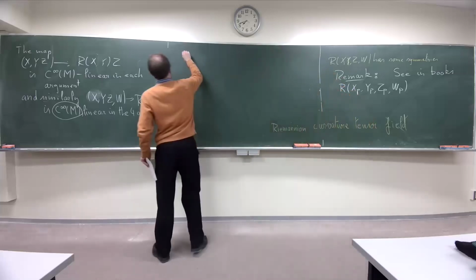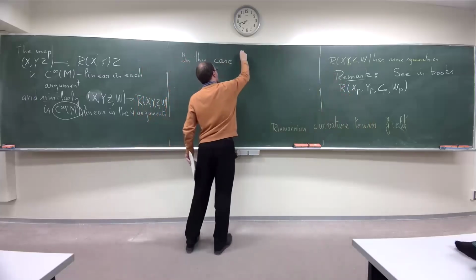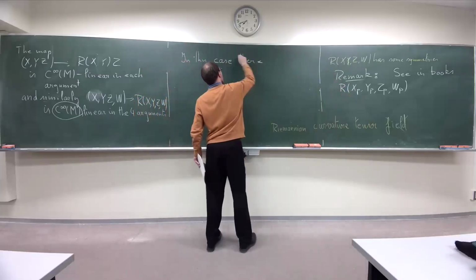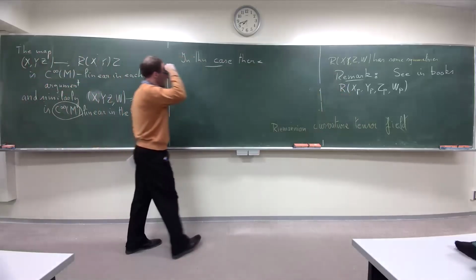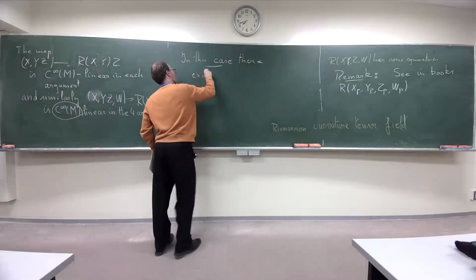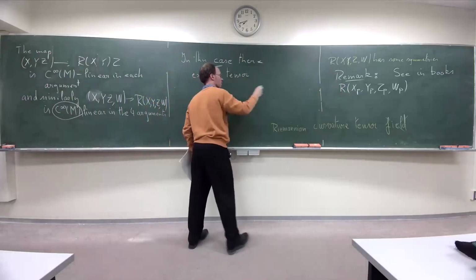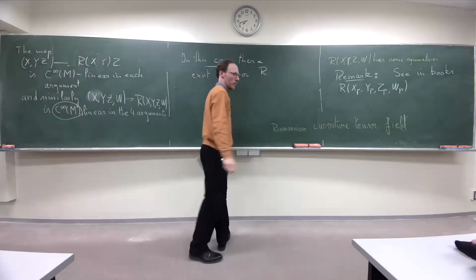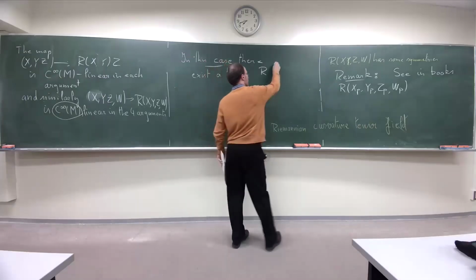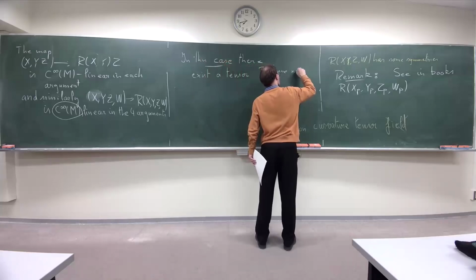So in this case, when we have this C infinity of M linearity, there exists a tensor, which is not a tensor field, which I'm also going to denote by R. Same notation, that's why it's confusing.